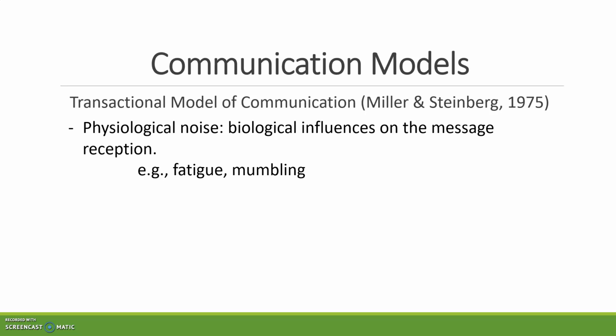The first one, physiological noise, refers to the biological influences on message reception and interpretation. It could be on the message sender's side, such as the sender has an articulation problem. They mumble a lot, or they talk too fast or too slow, and the message receiver cannot follow it.